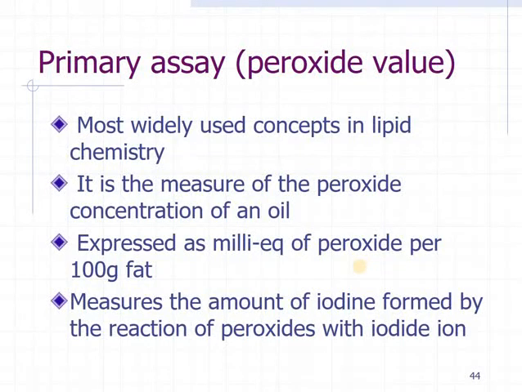The principle in this assay is that it measures the amount of iodine that is formed by the reaction of peroxides with the iodide ion. So the peroxide that would have formed we react with iodide, and this is a titrimetric kind of assay.